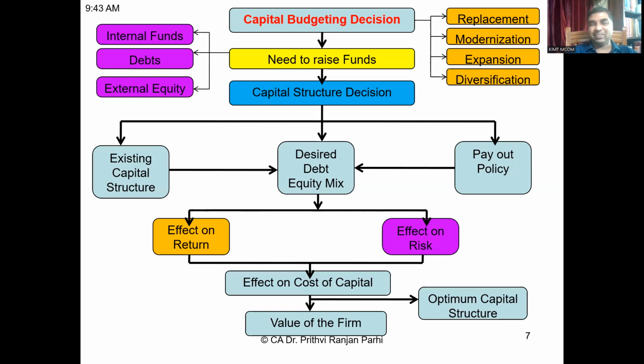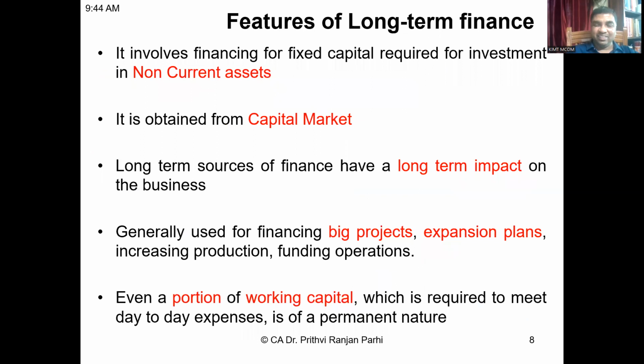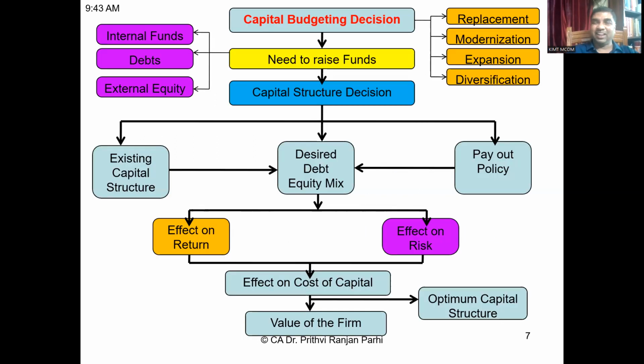That's the inverse relationship. Everyone wants to maximize the value of the firm. And at a particular capital structure, when value is the maximum, you can refer to that capital structure as the optimal capital structure. So everyone desires that this should be my capital structure. I think you got a fair idea of how this capital structure is relevant.